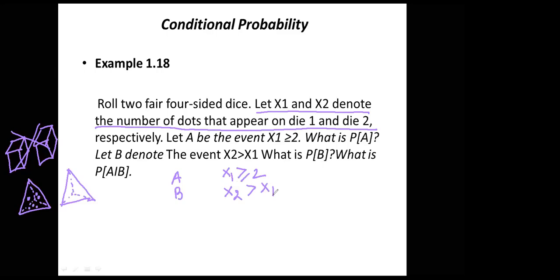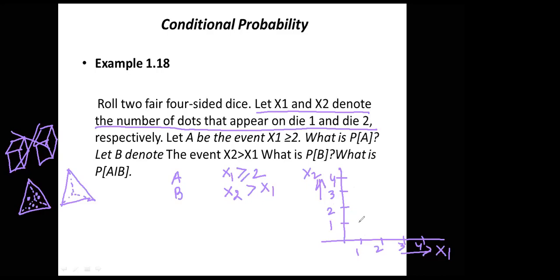How can we solve it? Let's do it in this way, this is the x1 and this is the x2. On the x1 side, it can be 1, 2, 3, 4 dots. On the x2 side also, we can have 1, 2, 3, 4 dots.